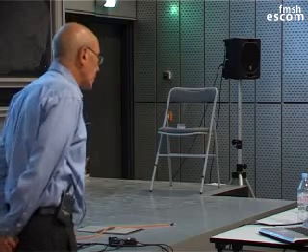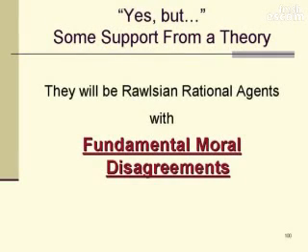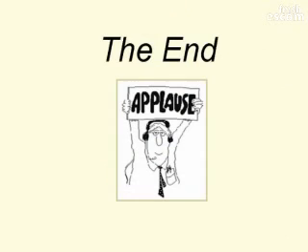So although we've got rationality in this Nichols and Stich picture, these people will be rational Rawlsian agents who nonetheless have fundamental moral disagreement. And that's it.